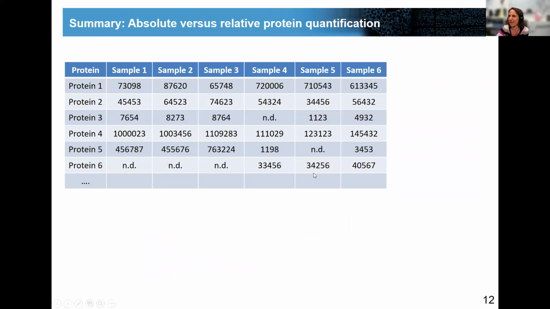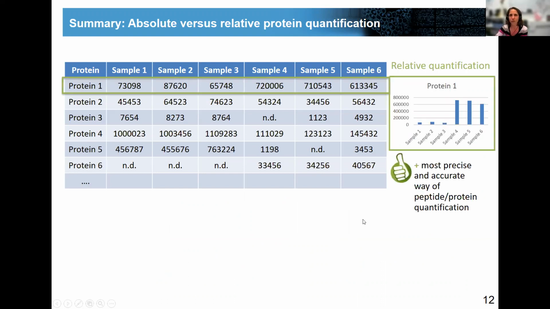Summary, what I think would be great if you keep that in mind. So proteomics data will always provide you large tables with proteins identified and samples in which you quantify these proteins. And what you do in relative quantification is you always stay in one line. And the type of questions that you can ask then is, this protein 1, how is it regulated over the different samples?